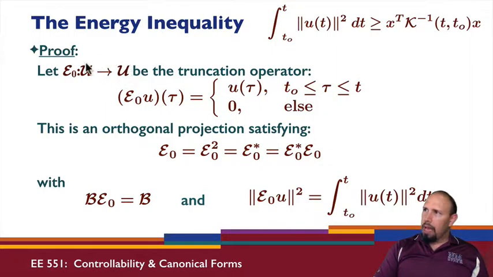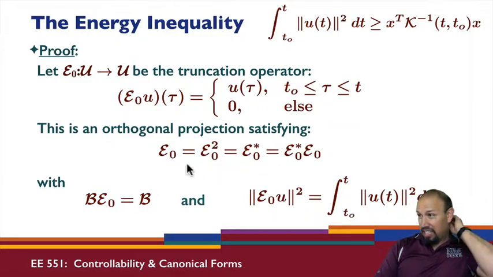If I started here and mapped backwards, that's basically what an adjoint does. I can get various combinations of them coming out. It's not a matrix; this projection is a truncation operator, but it satisfies all the properties of an orthogonal projection.